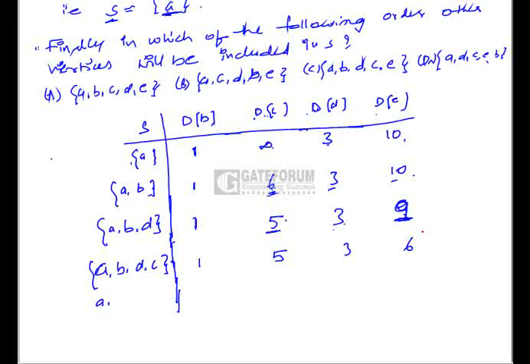Now the last vertex is E. So we'll add that also. So the correct order of vertices in which they are added is A, B, D, C, E, which is option C.